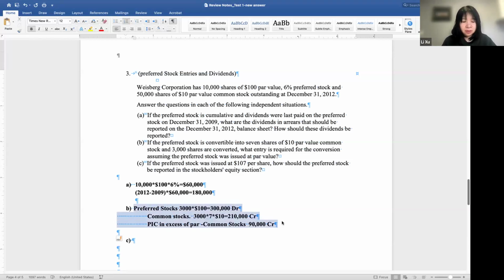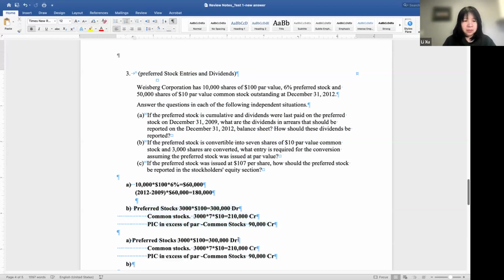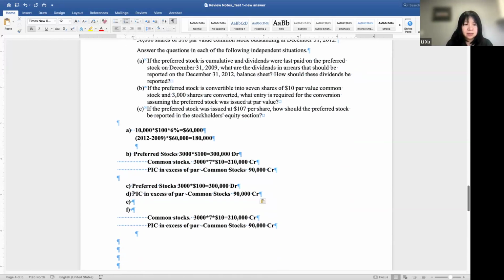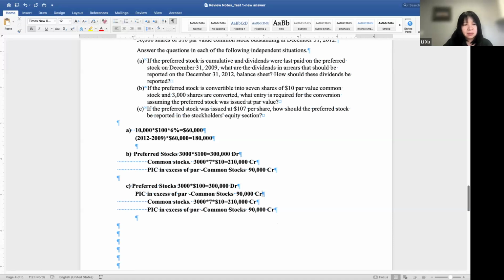If they're not issued at par, I'm just going to copy and paste this and add one more account, called paid-in capital in excess of preferred stock. If they're not issued at par, that would be 308,000.